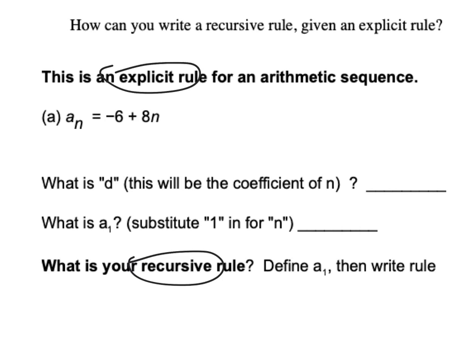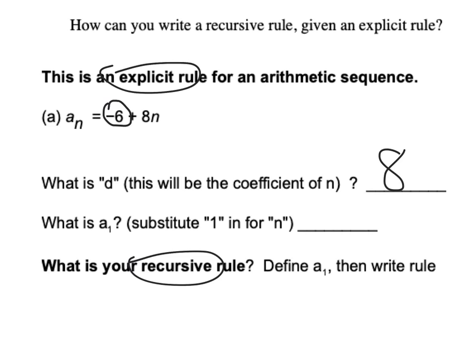Okay, very common mistake is that people think that their first term is -6. It is not -6. It is our a sub 1. Our first term is when the value of n is 1. So we'll get to that in just a second. And anytime we have an explicit rule, our coefficient of n is our common difference. So in this case, our common difference is 8.